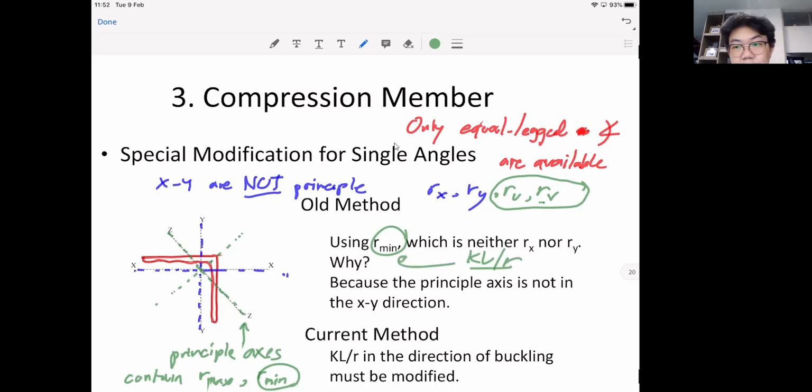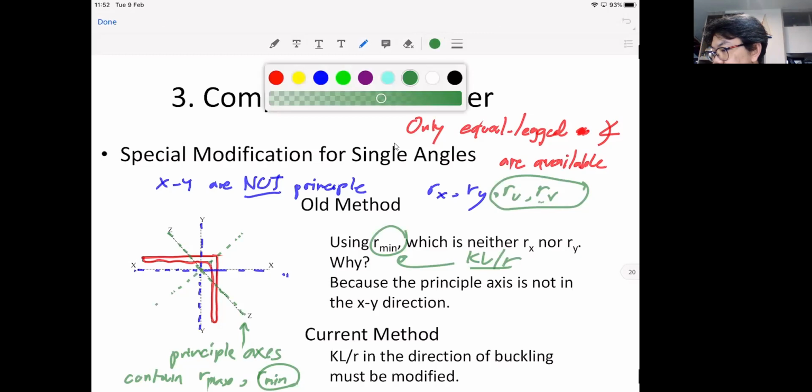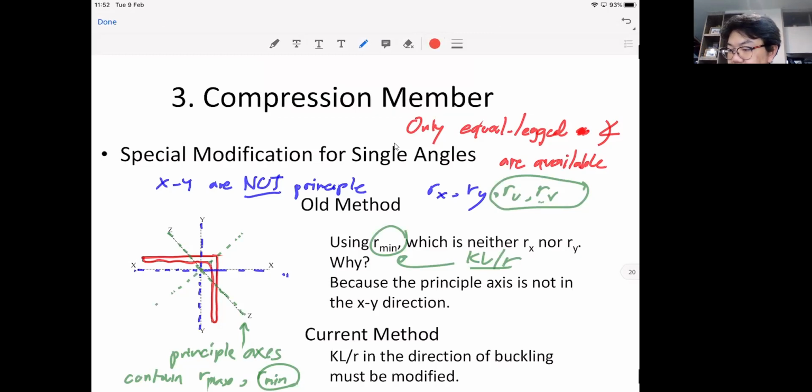But there is another problem with the angle. You see, the centroid of the angle is there. It's not even on the member itself. And generally the centroid does represent where the load actually is. And it is true. At least, even though not physically, theoretically the load is acting through this red point.